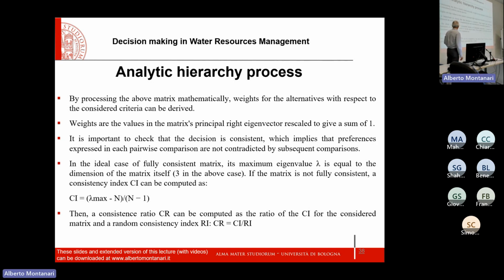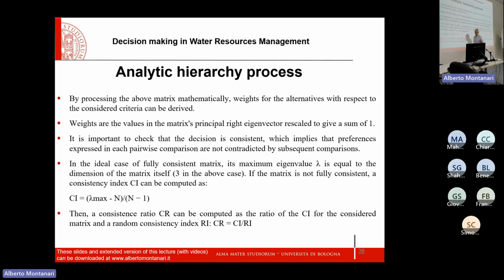Okay, good. Now, we can compute what is called a consistency ratio. The consistency ratio, CR, is given by the ratio between the consistency index divided by the consistency index of a fully random matrix. And therefore, the consistency index of the random matrix is expected to be larger than 0, and you compare it with the consistency index of your matrix.